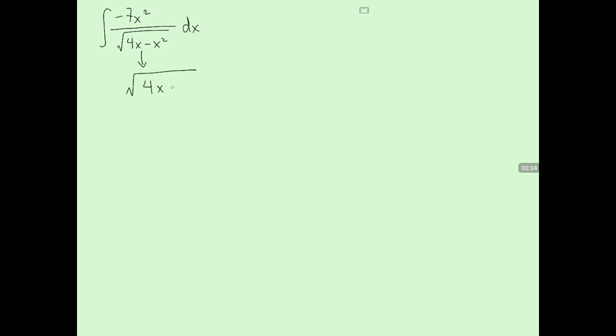So let's rewrite this as 4x minus x squared. We're going to try to first complete the square to see if we can get something out of this. So we're going to rewrite this as negative x squared plus 4x, take away 4, plus 4.